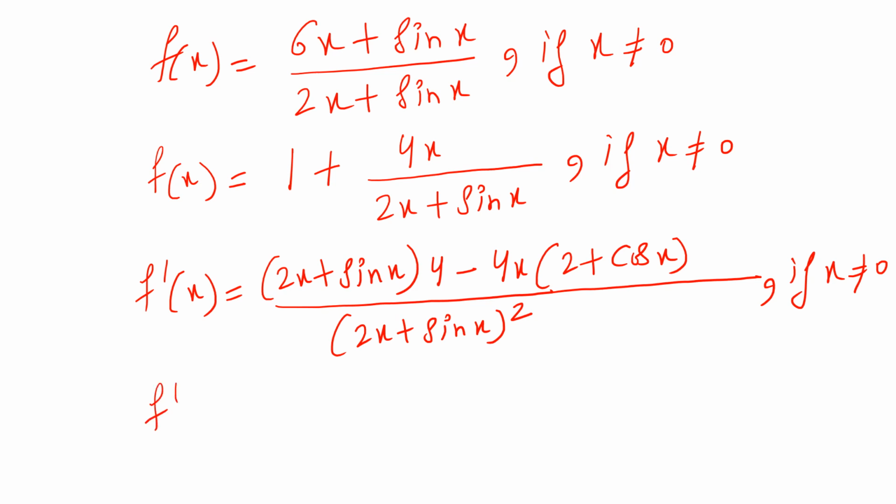Now students, f dash x further becomes equal to 8x and minus 8x get cancelled, and when we take out 4 common, inside the bracket we get sin x minus x cos x.